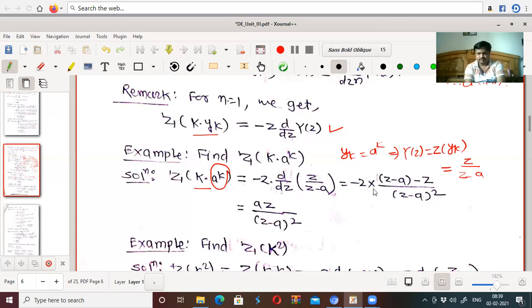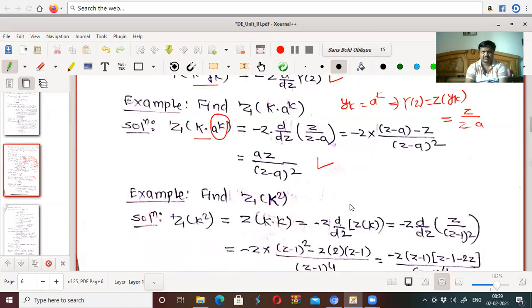So minus z into z minus a minus z. The minus z cancels with plus z. We get minus a into minus z, that is plus az upon z minus a whole square. This is for mod z greater than mod a, whatever it may be, if a is a number.